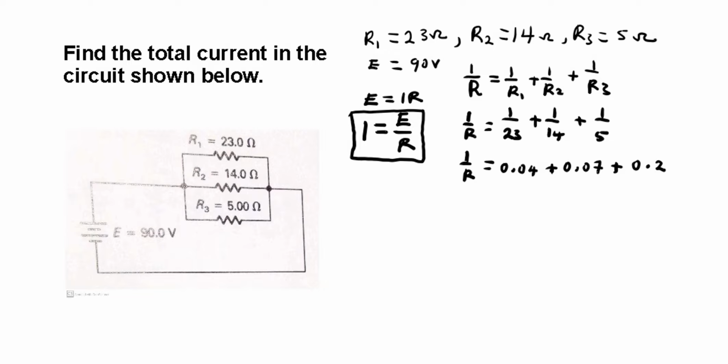So let's add up. 0.2 plus 0.07 plus 0.04 is going to give us 0.31.